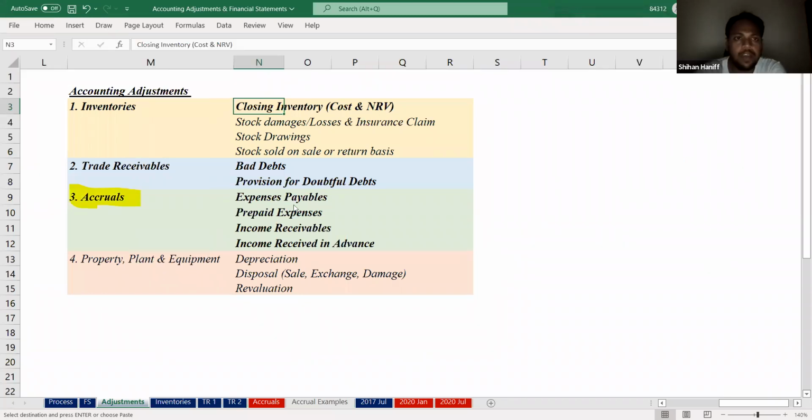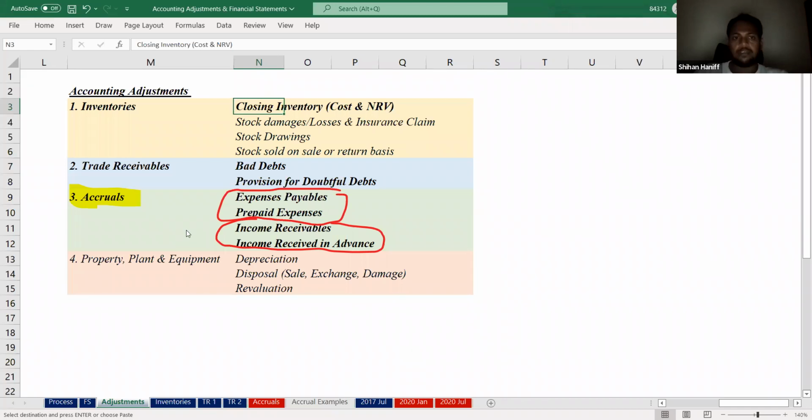When it comes to accruals, we have expenses and income. Then there are expenses payable and prepaid expenses. Expenses payable is a liability, prepaid expenses is an asset.